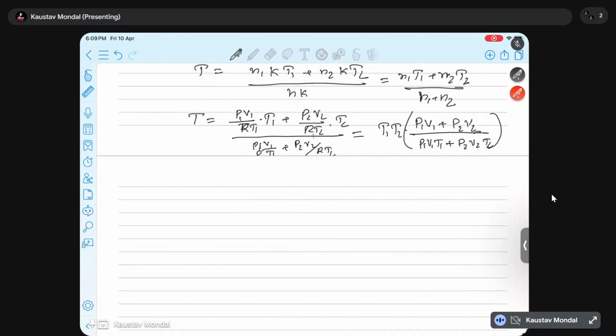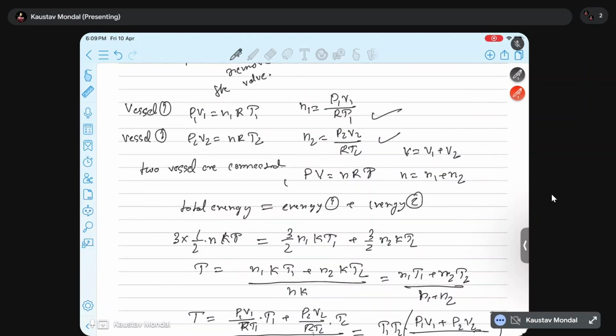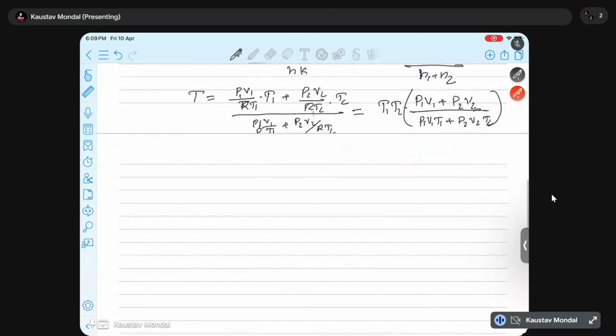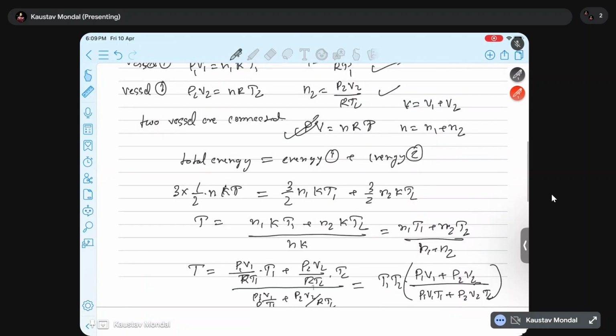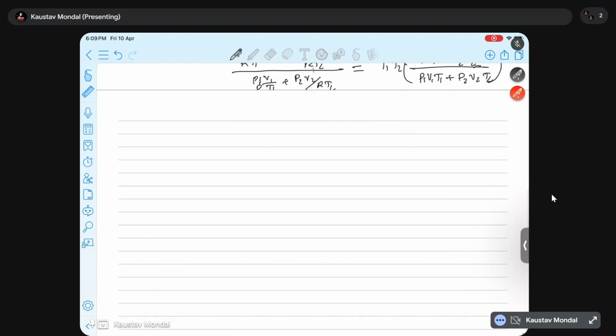Now after getting the temperature of the composite system, using this gas equation we can calculate the total pressure, the pressure of the mixed system. So PV equal to nRT.